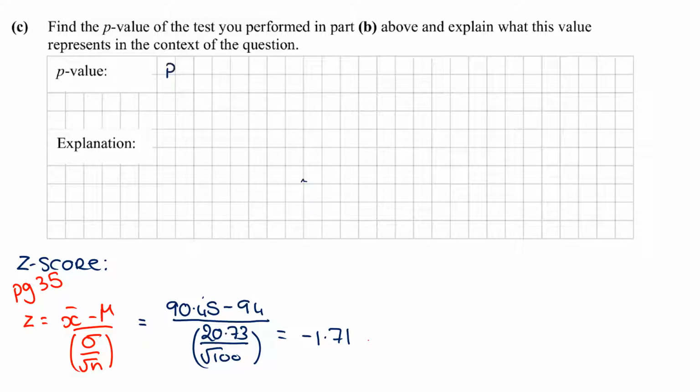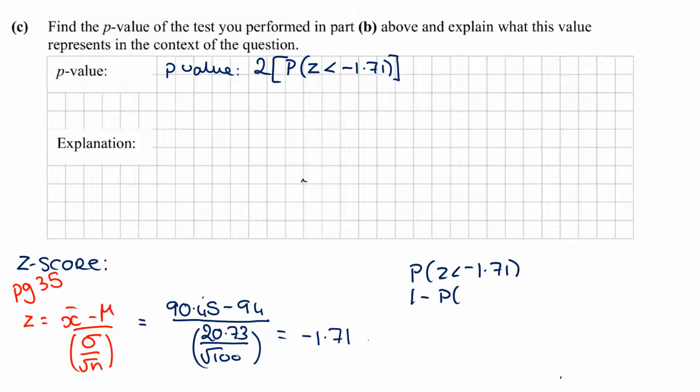So the p-value is twice the probability that z is less than this number here. Working out the probability that z is less than minus 1.71, that is 1 minus the probability that z is less than 1.71. Again, if this is something you're not familiar with, do go back over those videos to revise.